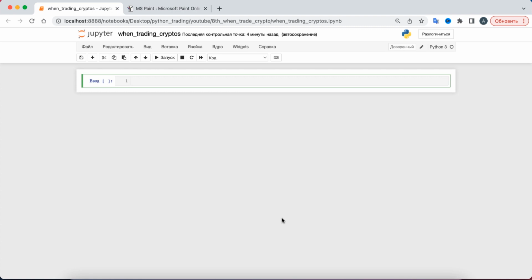What time is okay to trade cryptocurrency? And for this goal, we need to calculate the volatility of the crypto market. Why do we need to do it?